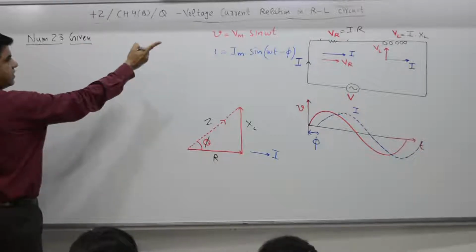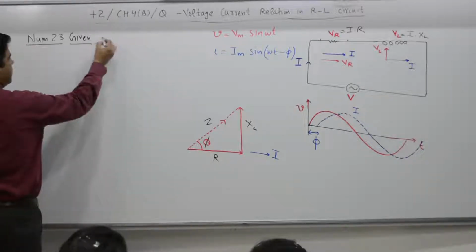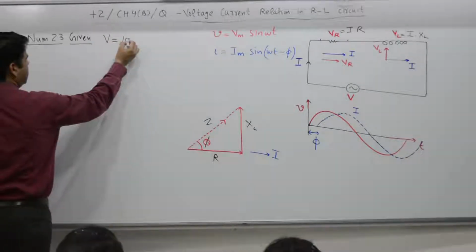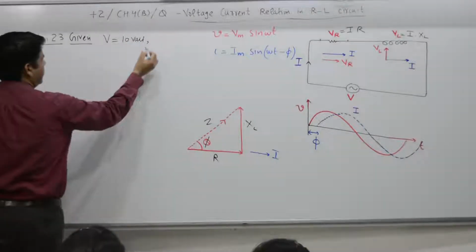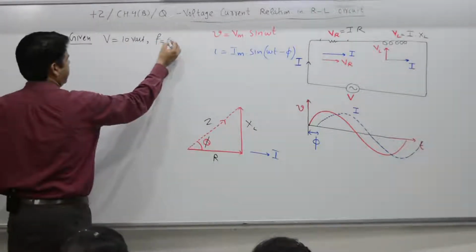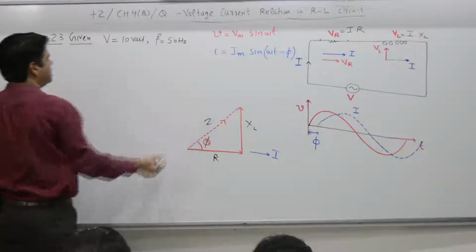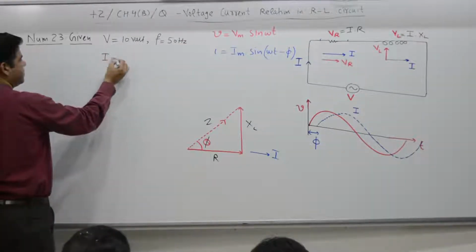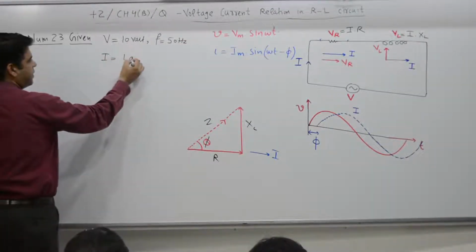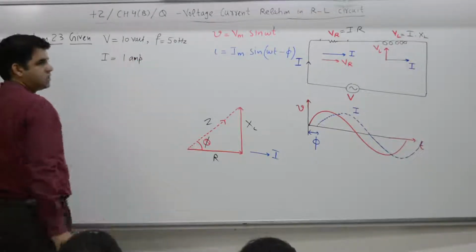It is an RL network, so the diagram is the same. Applied voltage 10 volt. Frequency 50 hertz. Current flowing 1 ampere. What else? Anything else given?